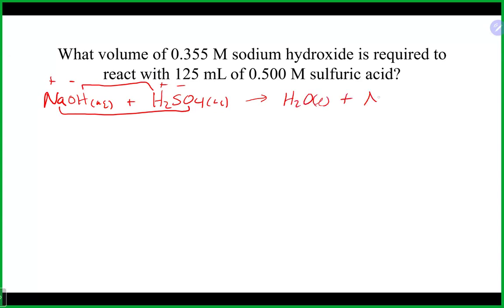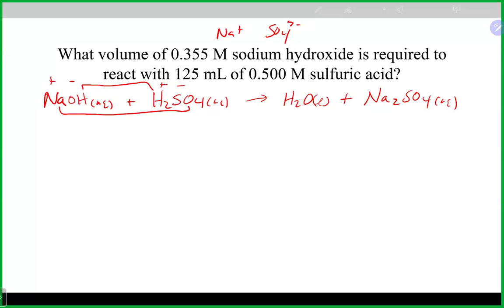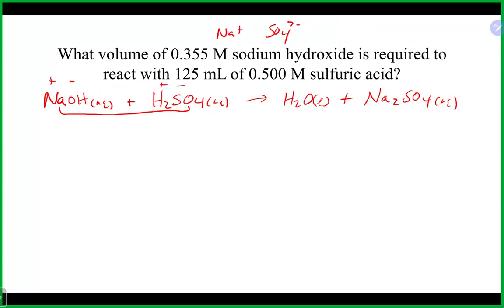And remember that when we put together sodium, which is +1, and sulfate, which is -2, we end up with a formula that looks something like this, Na2SO4, because sodium is +1 and sulfate is -2. So we need zero charge when we put it together. The importance of that, as we talked about previously, is that you want to make sure you have the right formulas.